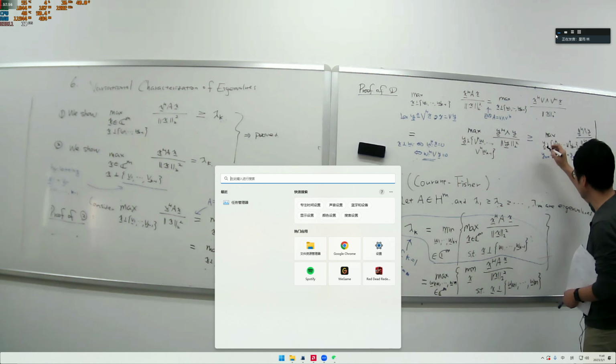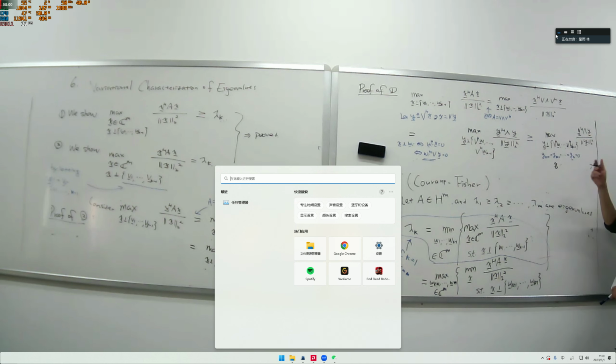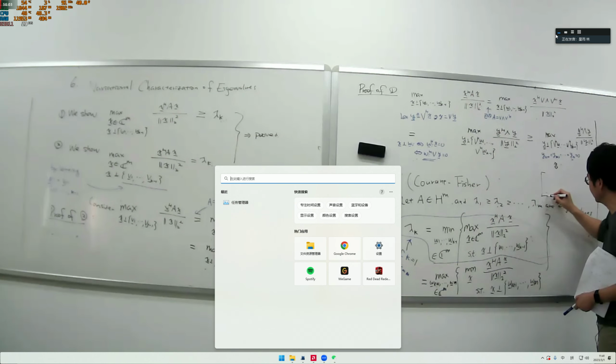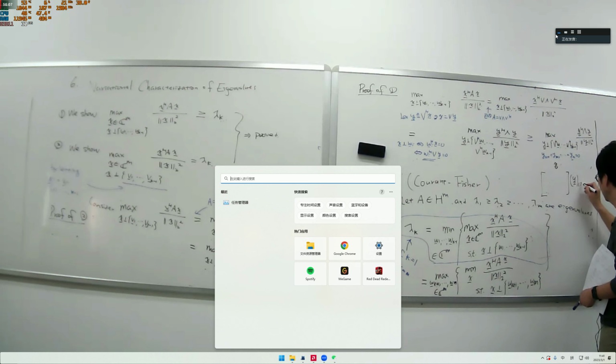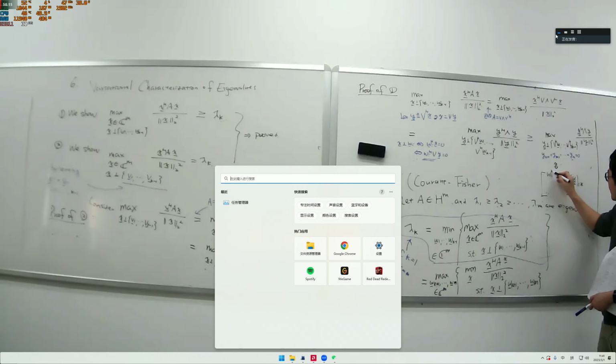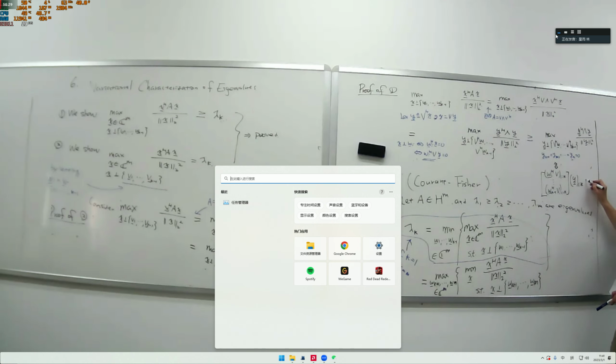So the constraint is equivalent to the inner product of the first k entries of y with the first k entries of these vectors being a 0 vector.